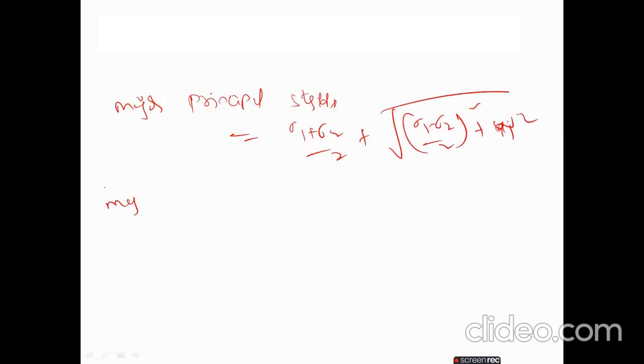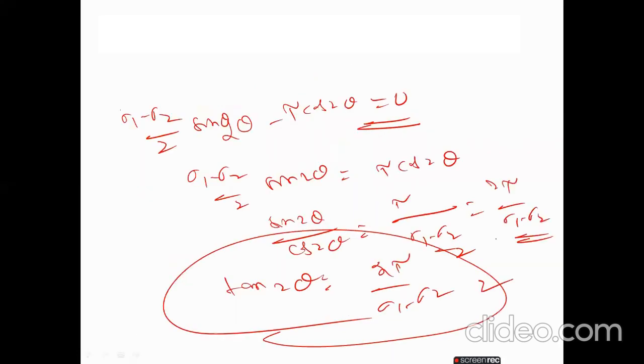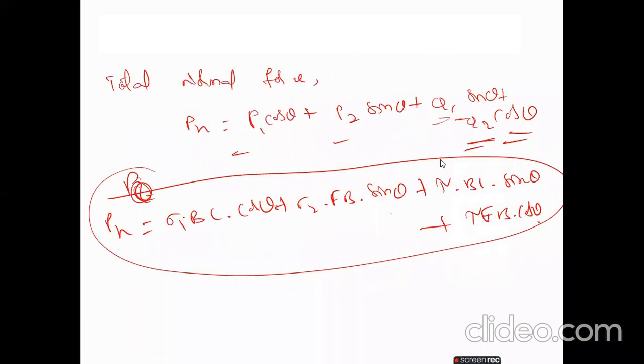Same like that, if you do the minor principal stress also, you will get sigma 1 plus sigma 2 by 2 minus square root of the same. These are the most important ones.